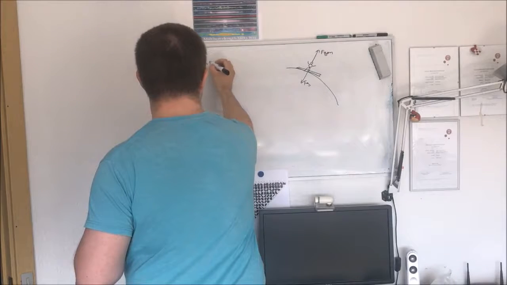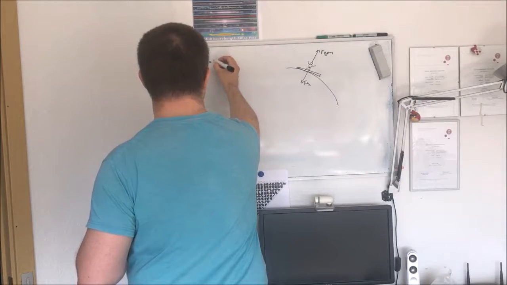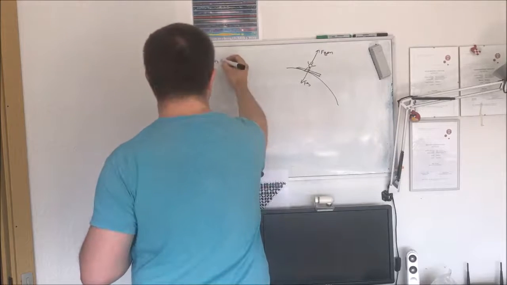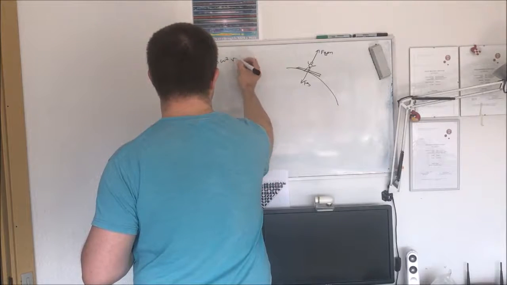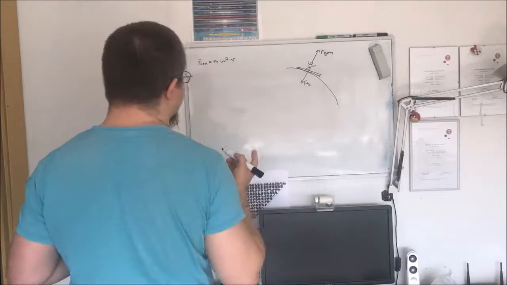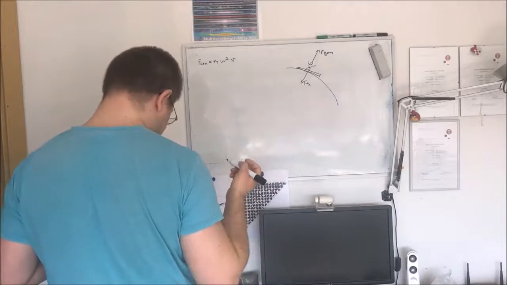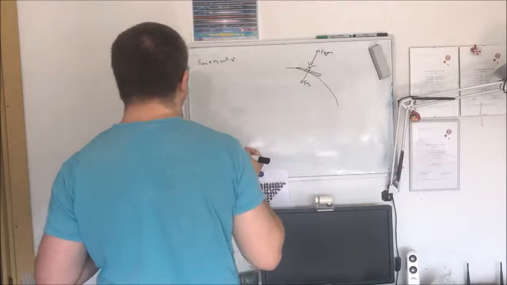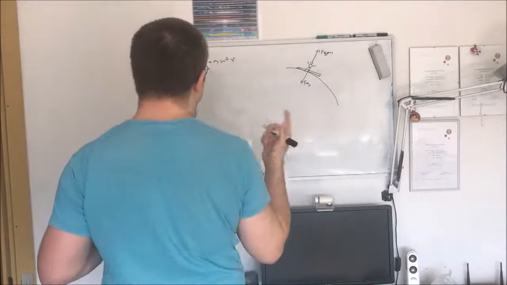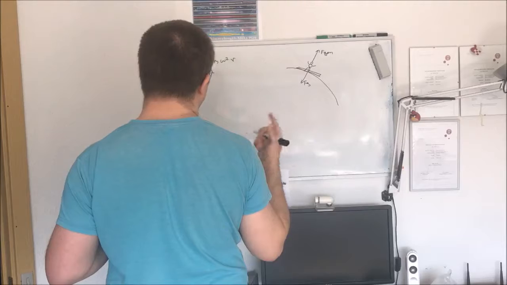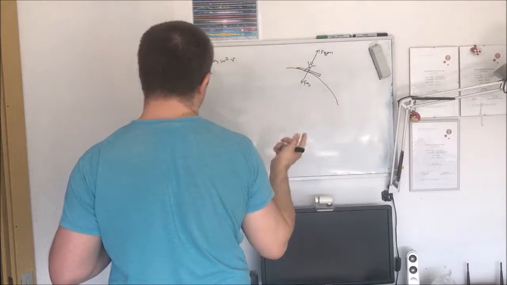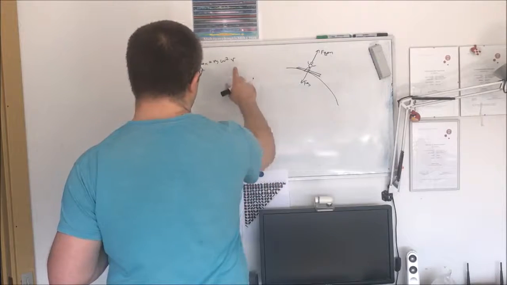F_cen = m ω² r, where m is the mass of, well, the plane or me or the car. Omega is again the rotational tangential velocity of the Earth, and r is the radius.